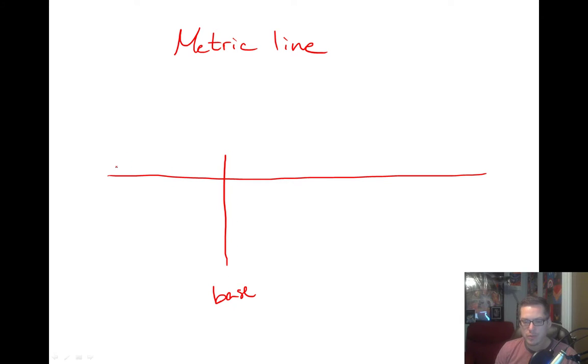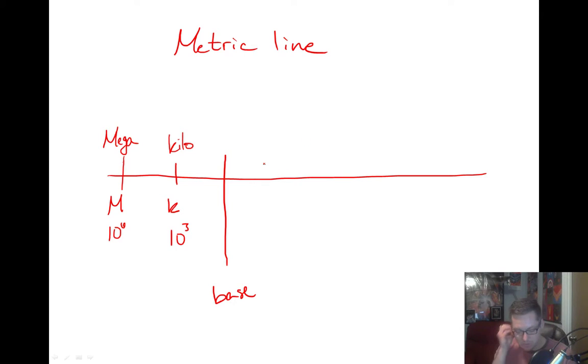Remember we had mega, so on the left side we'll put things that are bigger than our base unit. So we have mega, which was a capital M, and it was 10 to the 6th. And then we have kilo, with a lowercase k, and it was 10 to the 3rd. And then on the other side we had a whole slew of smaller ones.